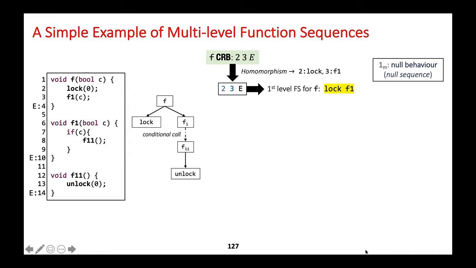To get the first level function sequence for F, the relevant events are calls to lock at program statement 2 and call to F1 at line 3. And as before, we compute the execution behavior. We get the function sequence lock followed by F1.